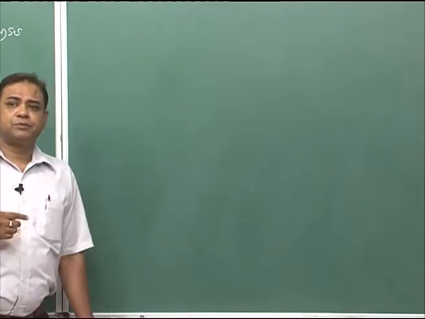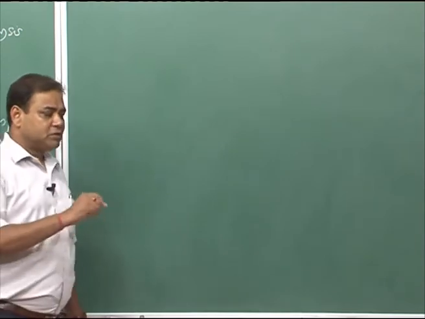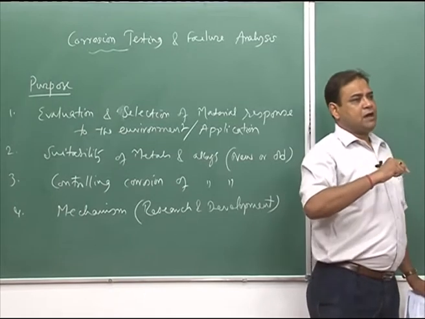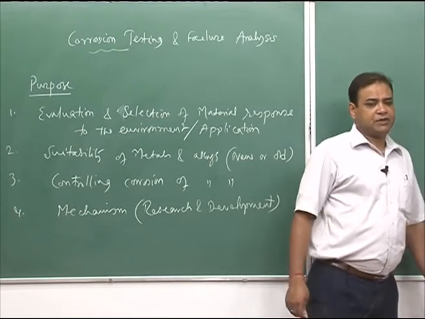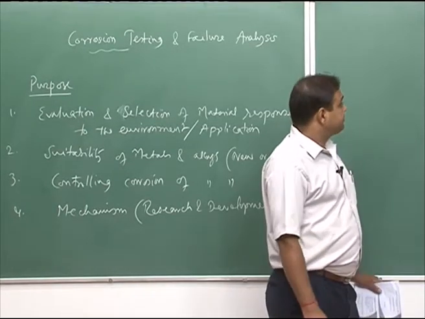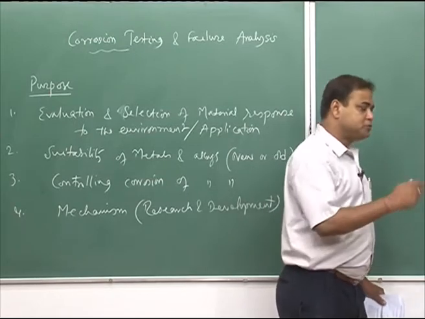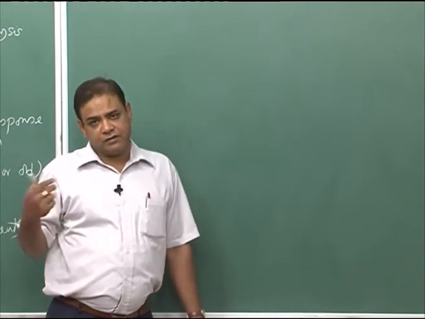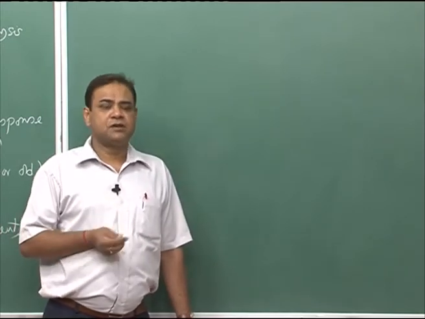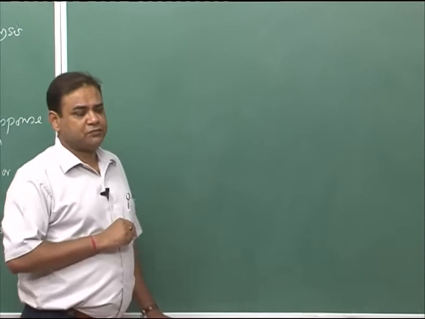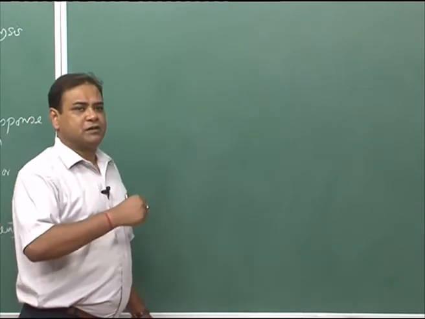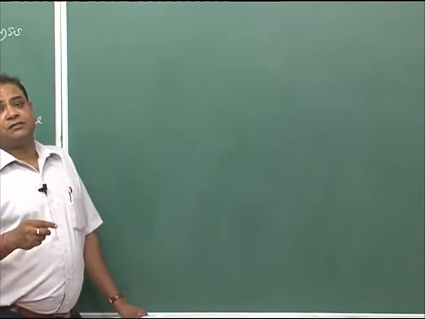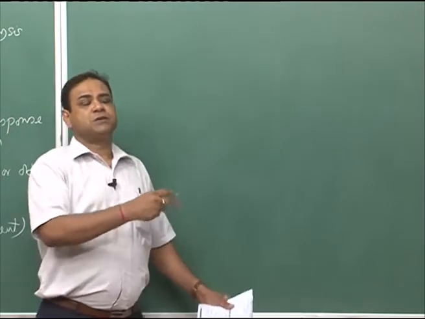The rate measurement should also be done in house, that means where the material will be subjected to application or operation, or we need to also perform some test in the laboratory for either research and development purpose, or the preliminary assessment of the corrosion rate of a new material, let us say.